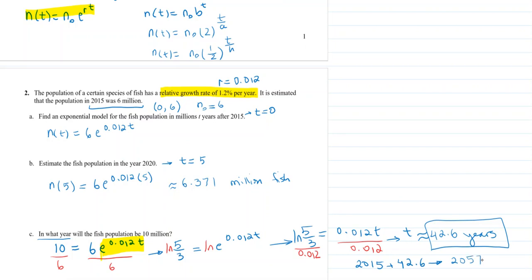It's still in the middle of 2057 when it's 0.6, so you can say in 2057, or you can round up and say, well, it doesn't happen at the beginning of 2057, but by the end of 2057, so you can also say by 2058. I would accept either answer.